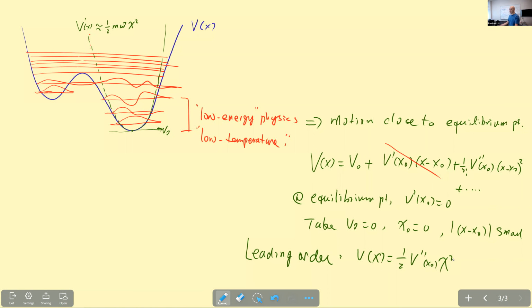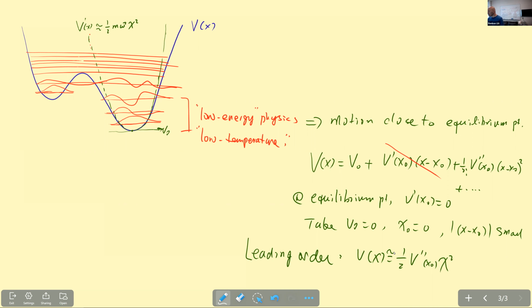Okay. So this gives us the potential at this point, approximated by the potential of a harmonic oscillator, right?